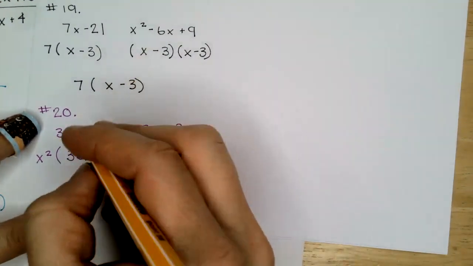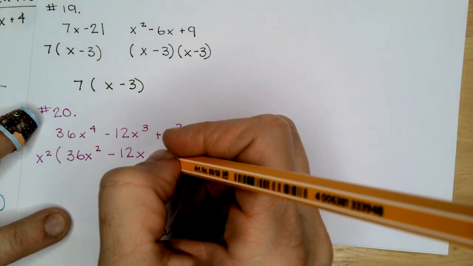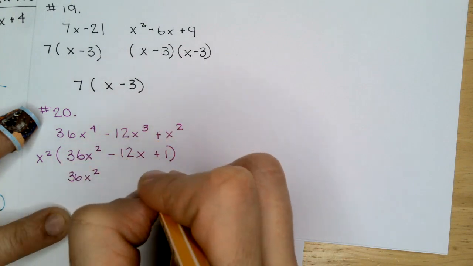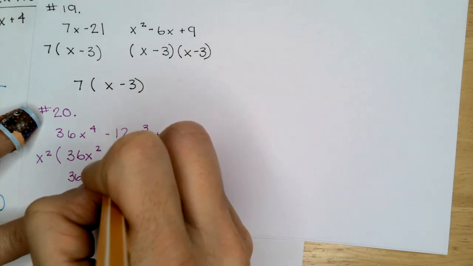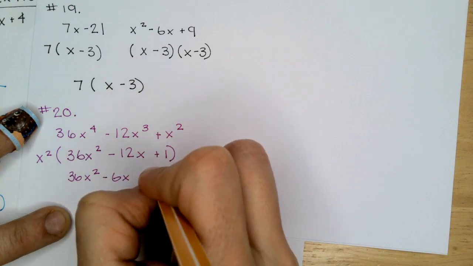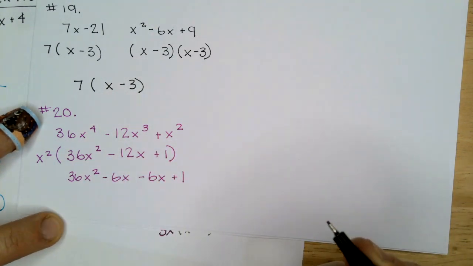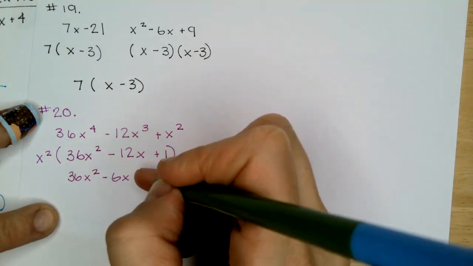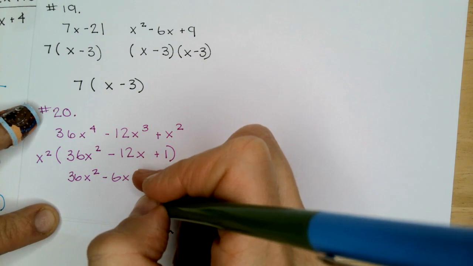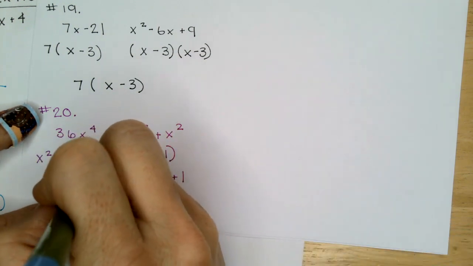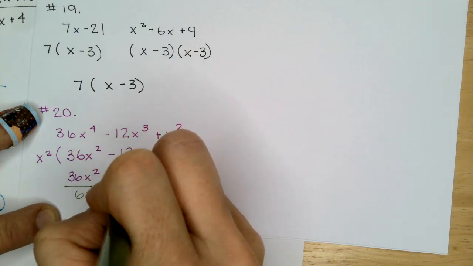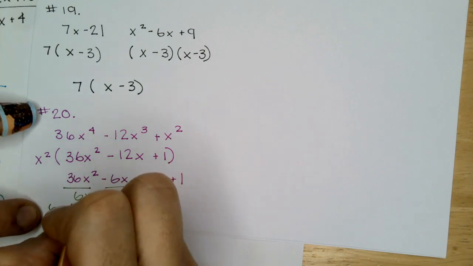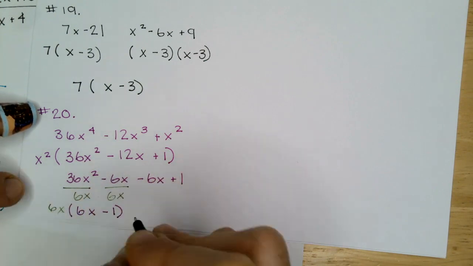I think it would best factor to 6 and 6, right? So that would be 36x squared minus 6x minus 6x plus 1. And then we're doing factoring by grouping. 36x squared minus 6x would be divided by 6x. 6x times 6x minus 1.